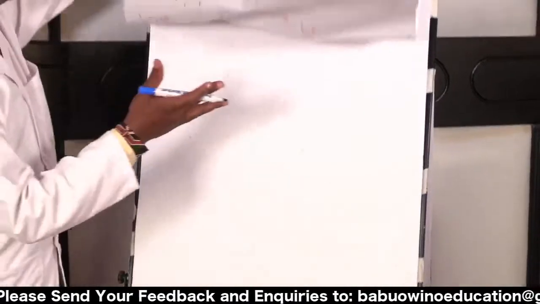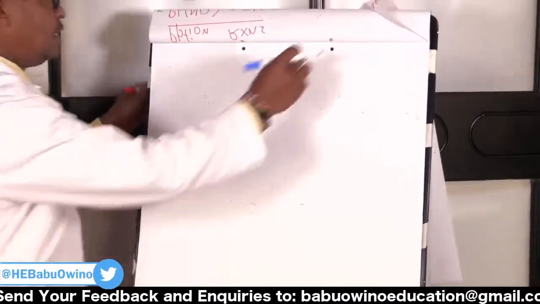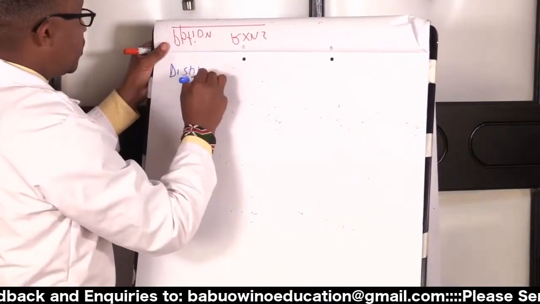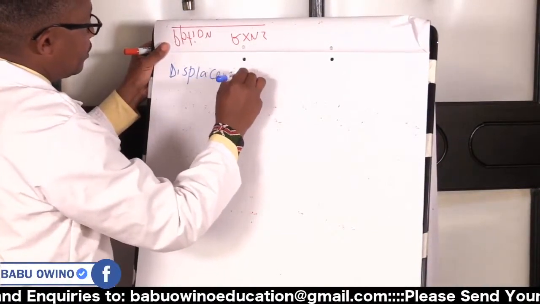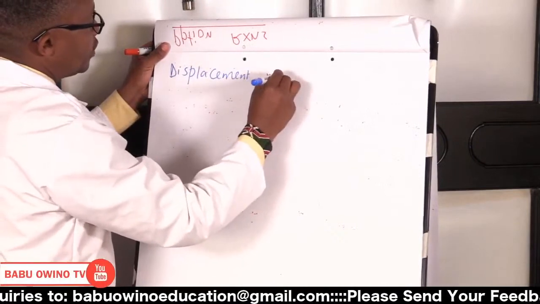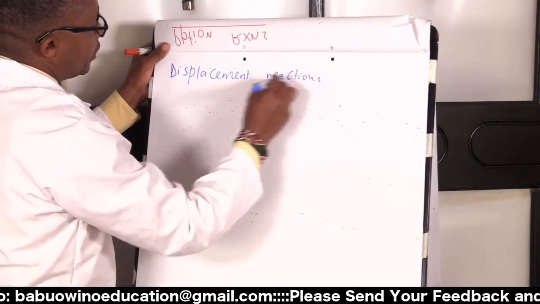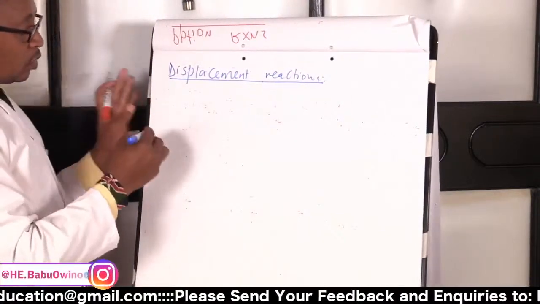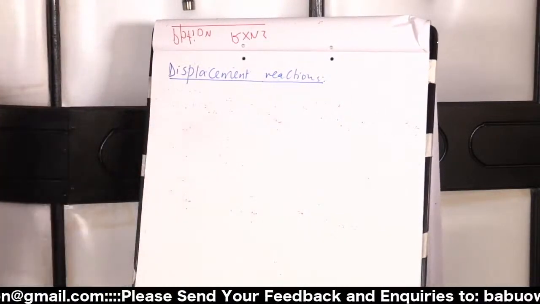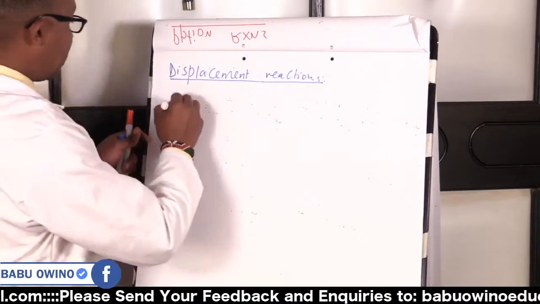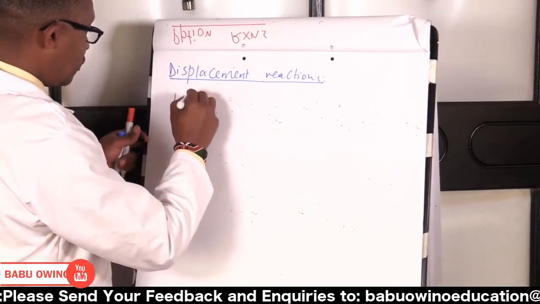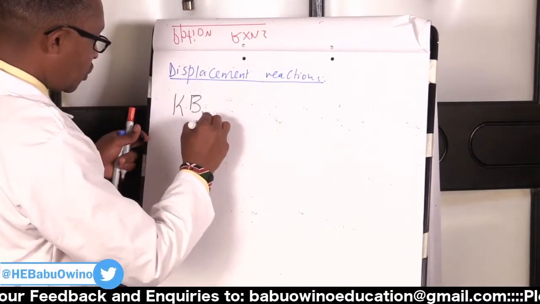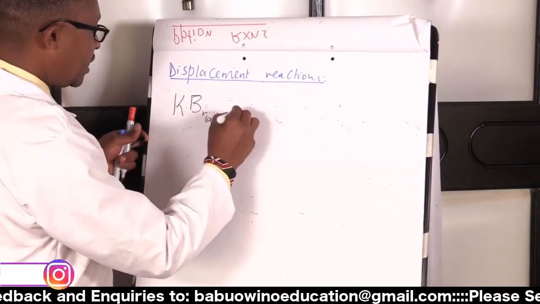Then we can go to displacement reactions involving ionic equation. So in this case, we take examples of potassium bromide. It's a soluble salt. You combine it with fluorine.